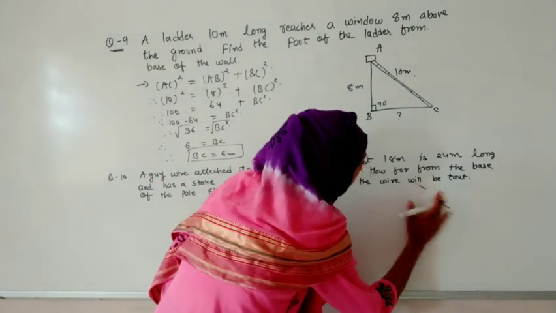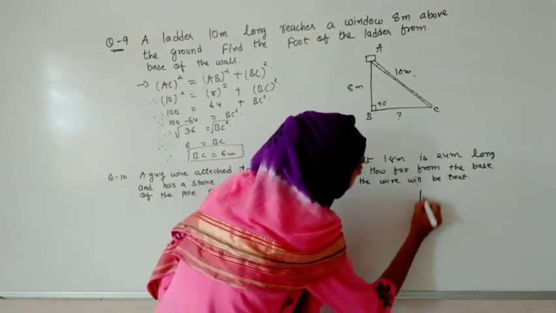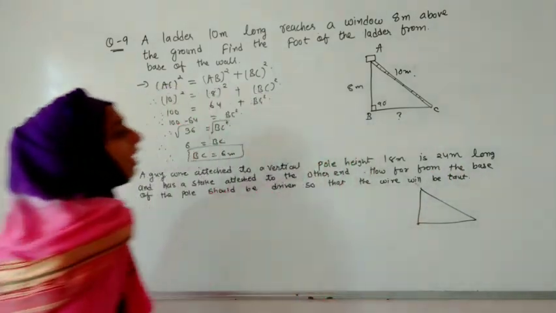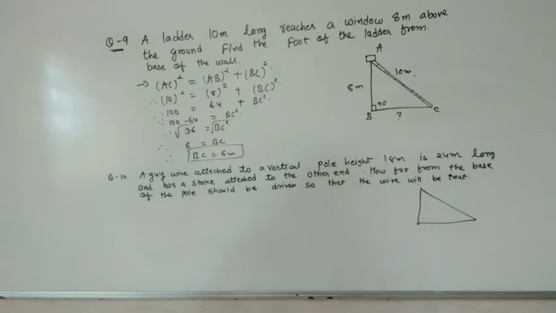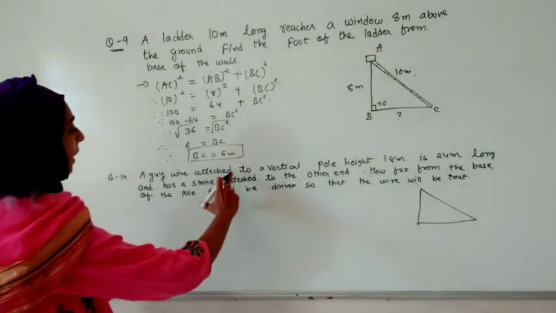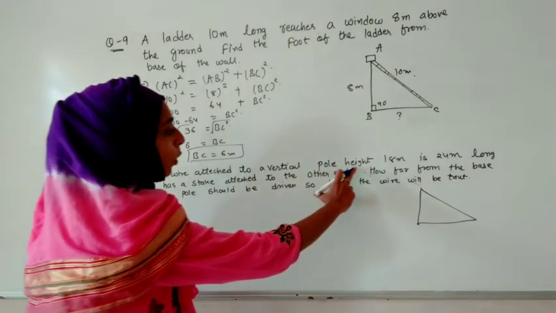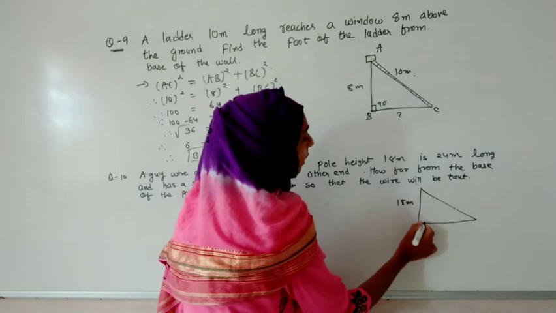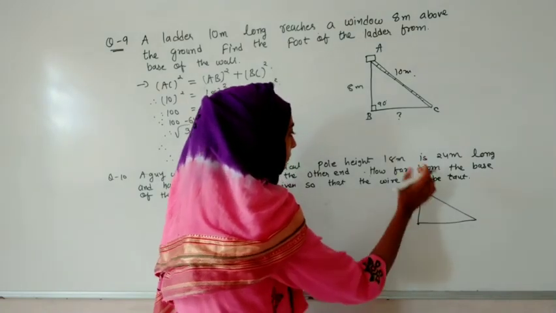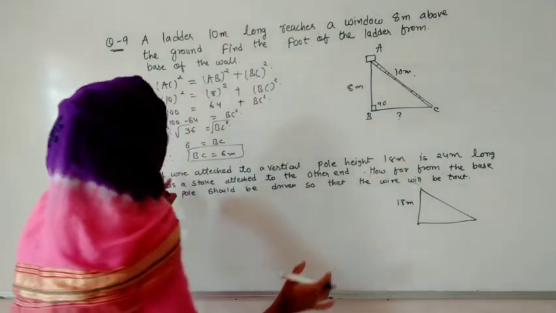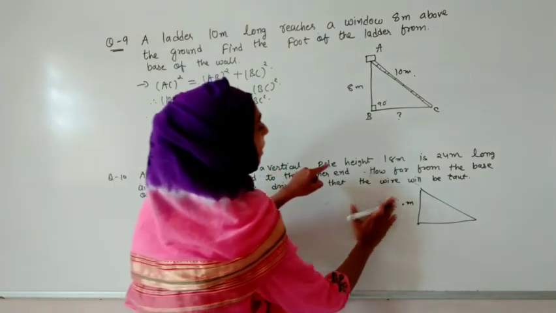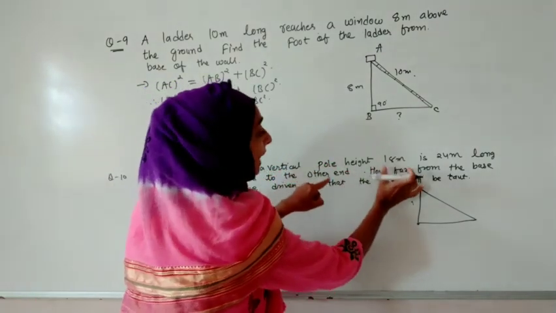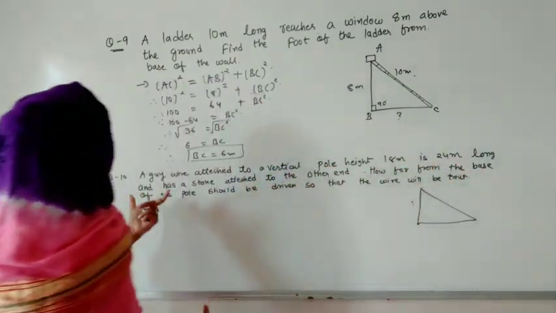Same in another figure, let us read the question and what we have to do. I am drawing a triangle because this is the chapter of triangles. A guy wire attached to the vertical pole. One pole is there and its height is 18 meter, means this is the pole and its vertical height is this. A wire attached to the vertical pole of height 18 meter is 24 meter long.